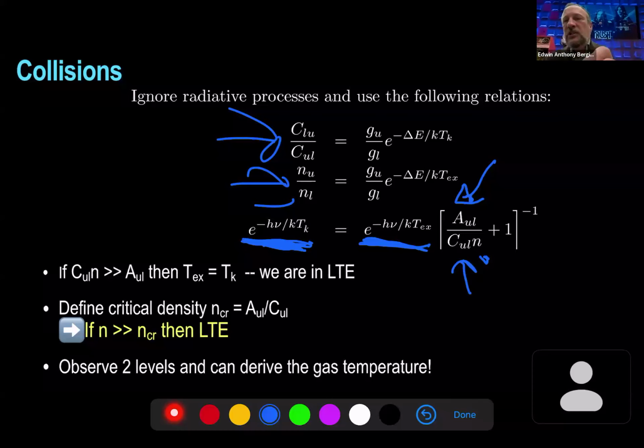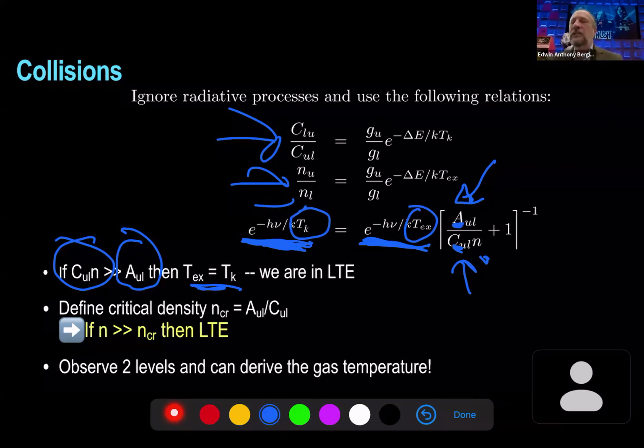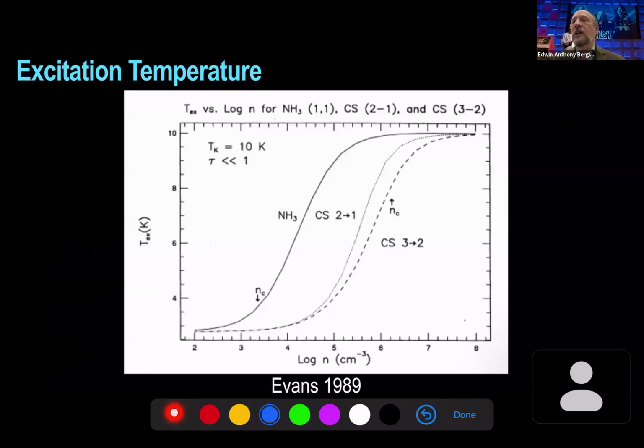If the collisions are dominating over emissions, if this term here is bigger than this term here, then this goes to basically nothing, and I'm left with the kinetic temperature equals the excitation temperature. That's when you're in LTE. If I'm below that, you're not in LTE.